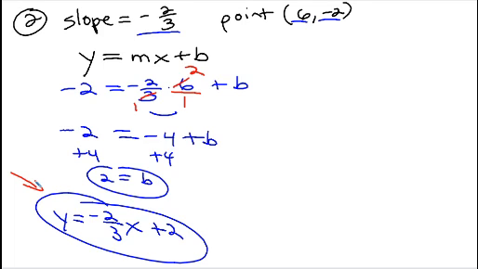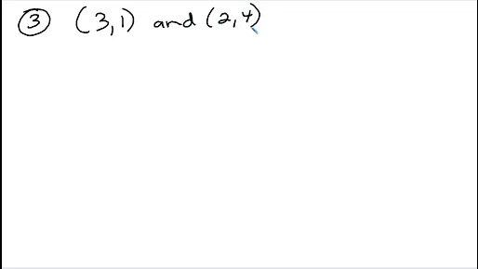One more problem, one more situation. What if they ask you to write the equation of the line, and this is what they give you? They give you 2 points. That's all they give you, 2 points.